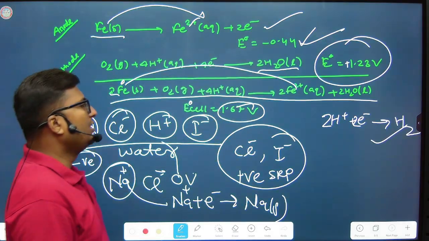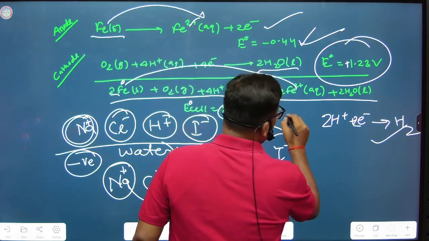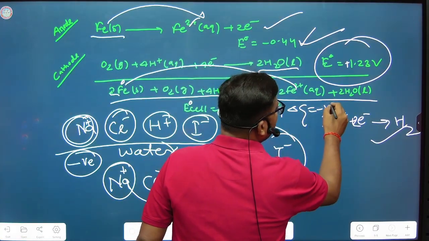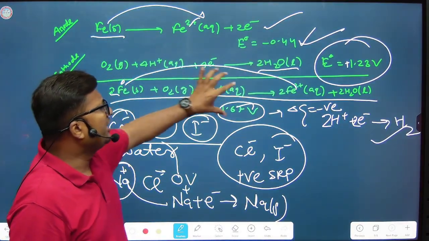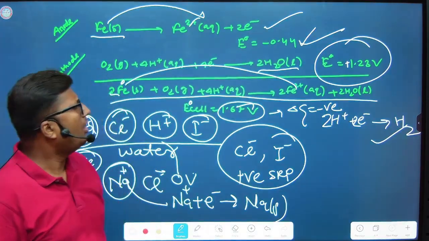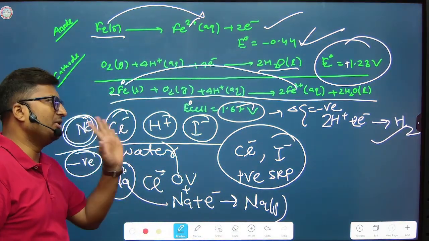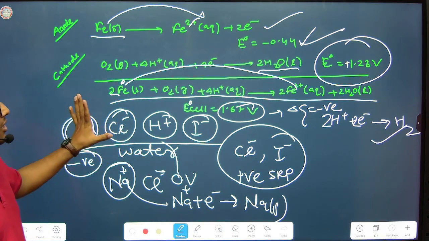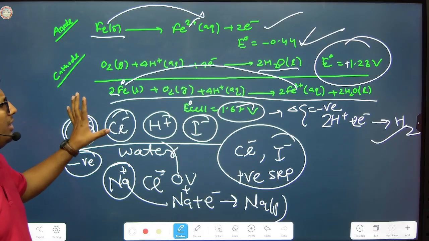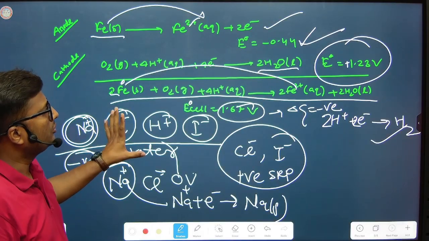It means delta G is negative, right? So thermodynamically, these reactions are possible and feasible. So that is why iron metal undergoes corrosion and forms rust.